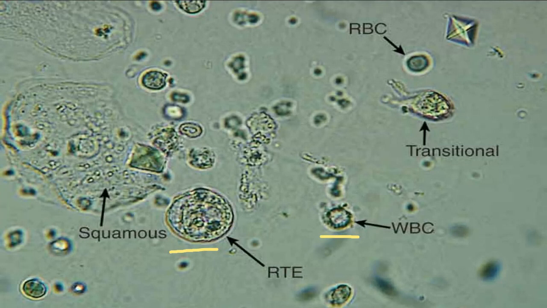You can also still see the nucleus in the middle. Your transitional cell has that tail, so it's not exactly round, and you can tell the difference between this and your RTE. And your red blood cell has no nucleus. If you compare it to this white blood cell, you can see all the granulation within the white blood cells, whereas the red is smooth. There are also some crystals on here, like this one, but we haven't talked about those yet.